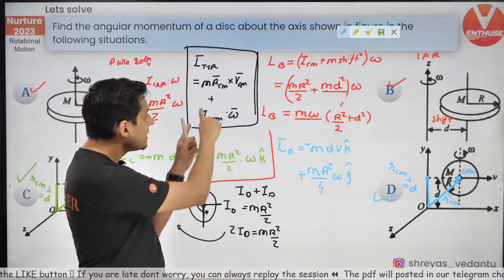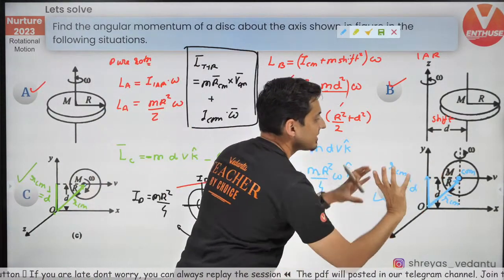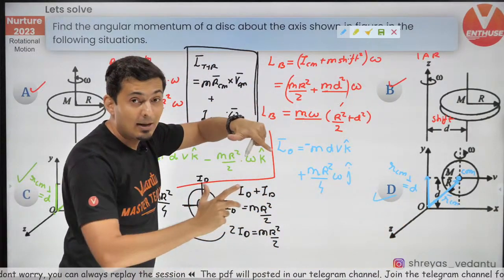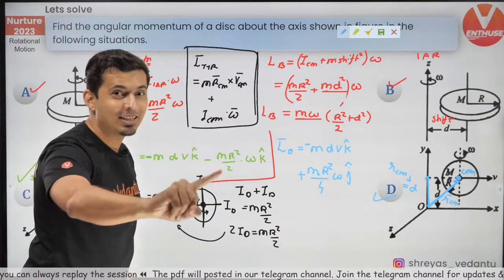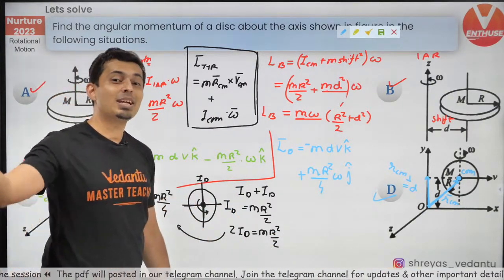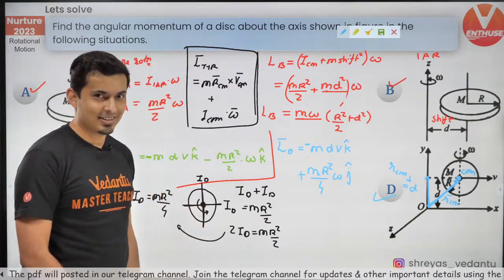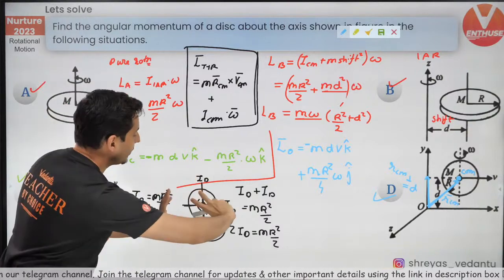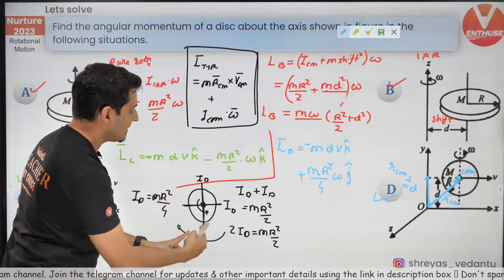The second term is this one. It is spinning about the diameter. So about the diameter, the moment of inertia is not MR square by 2. For that I use the perpendicular axis theorem, which I taught you in the first class. I know that about the diameter, whether I rotate it like this or like this, it's the same thing.